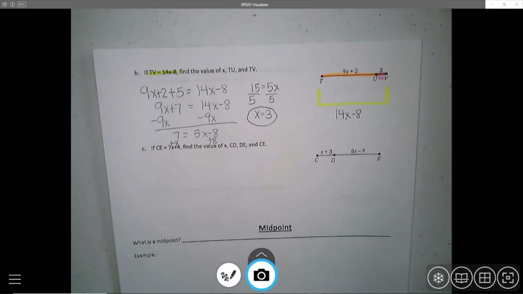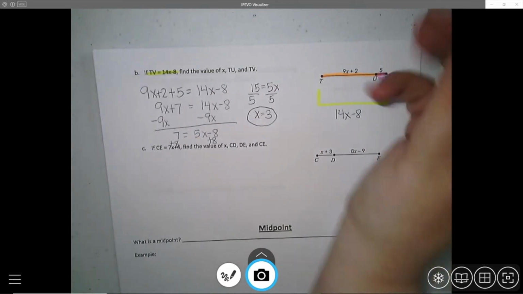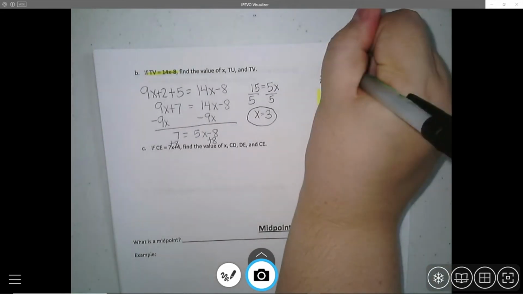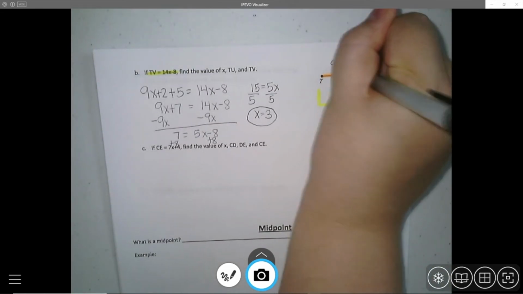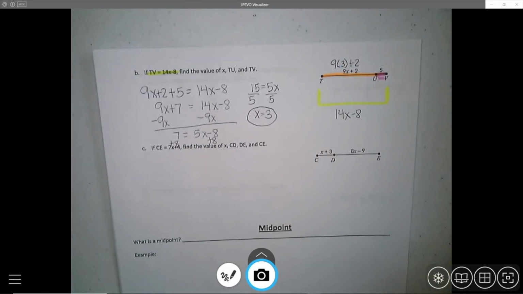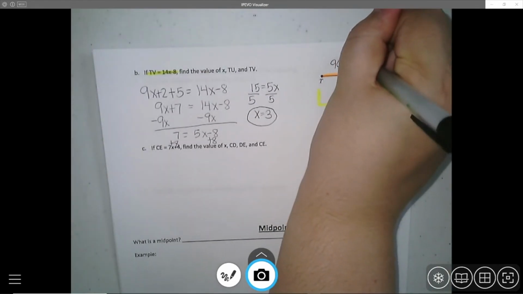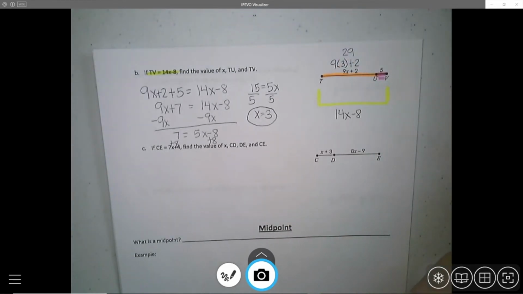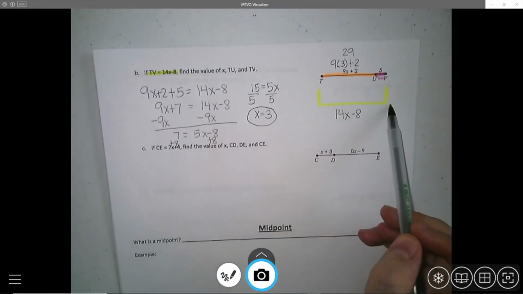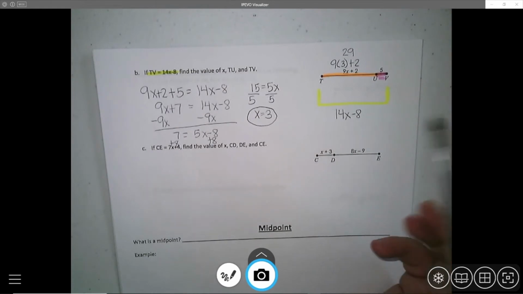Once I have x, now I'm going to go through and substitute in. I need to find TU. This would be 9 times 3 plus 2. That'd be 27 plus 2. I get an answer of 29. Okay, TV was this 14x minus 8.